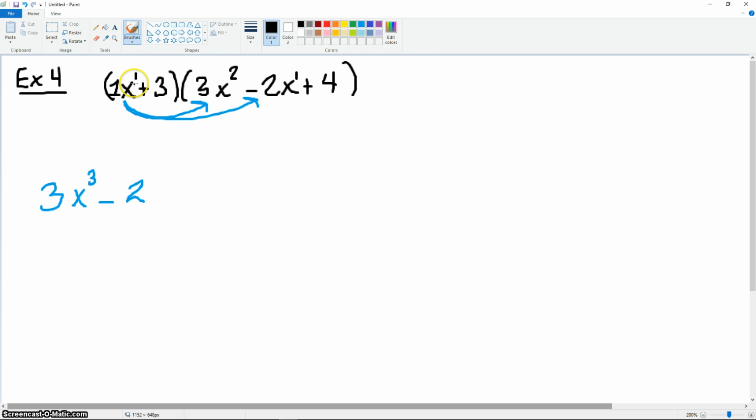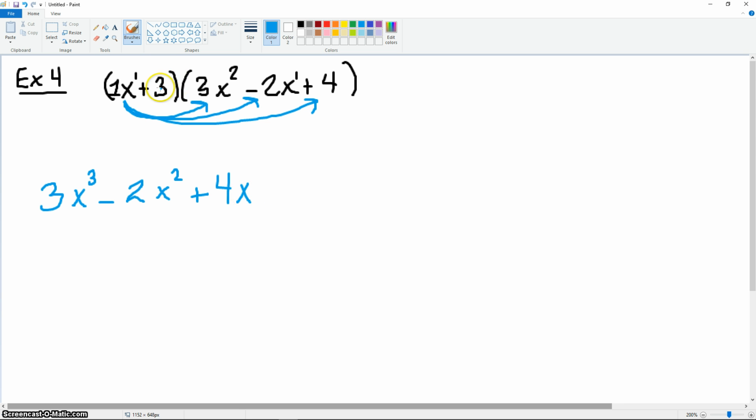This has an exponent of 1. They have like bases, so we add the exponents and get squared, or a 2. And then you have 1x times a positive 4. Usually everyone knows how to multiply that one. You get a positive 4x. All right. We have done that term.